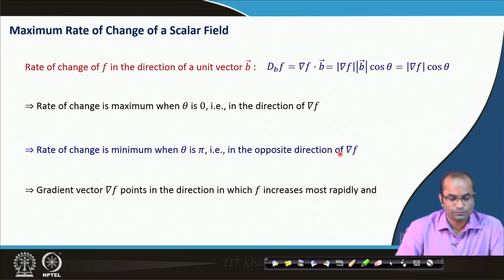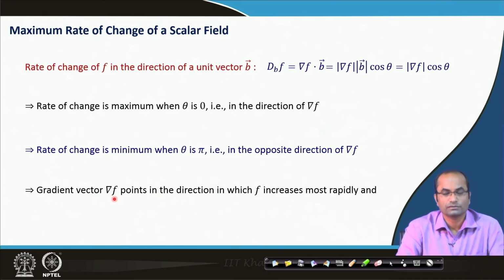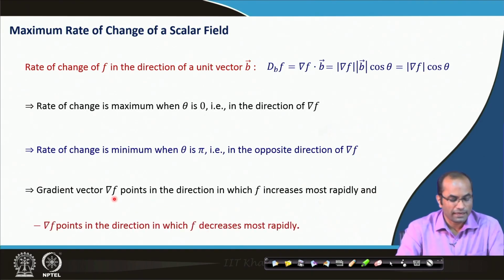So, again to summarize, the gradient vector del f points in the direction in which f increases most rapidly, and the minus del f points in the direction in which f decreases most rapidly.